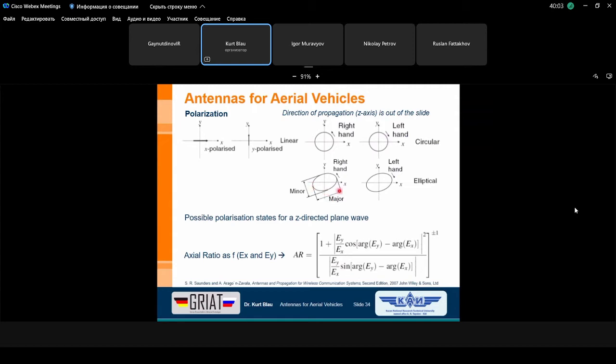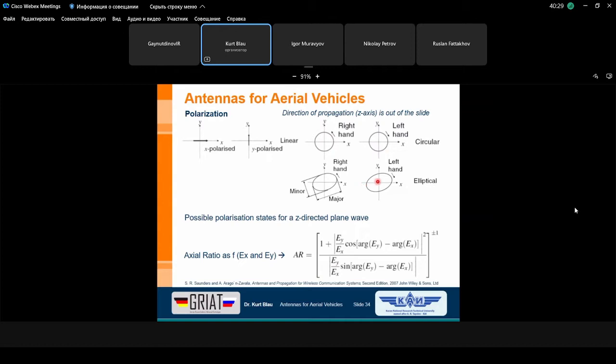And if we want to go to circular polarization, then the ellipse looks more or less like this figure here. Then we have a relation between the major and the minor axis, and our wish is to get near 1. 1 is the perfect circular polarization.